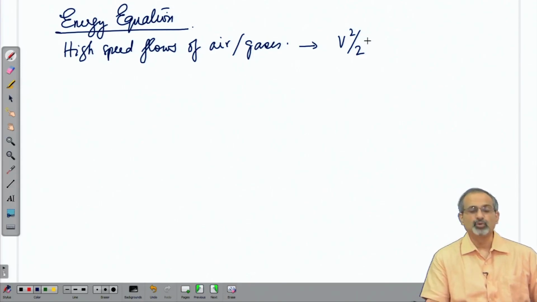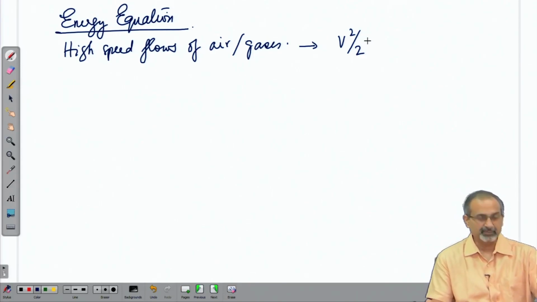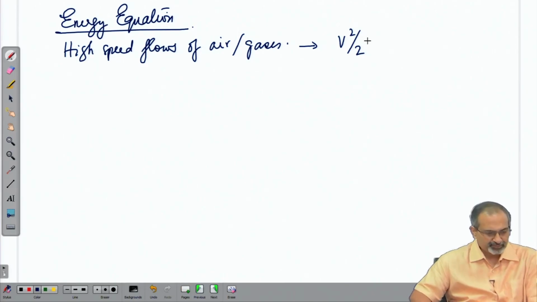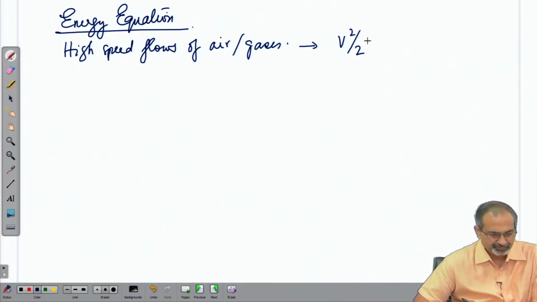the V square by 2 term becomes very relevant, it becomes very large, and then it can have a very substantial influence on other flow properties, because it is a large term in the conservation equations.